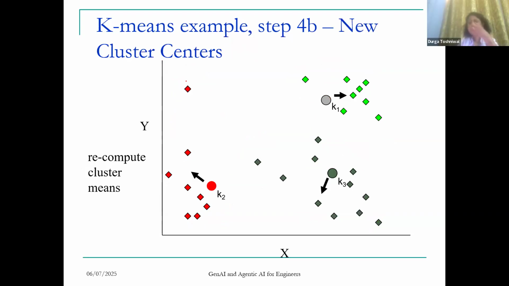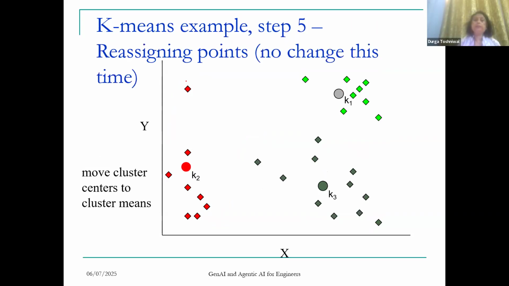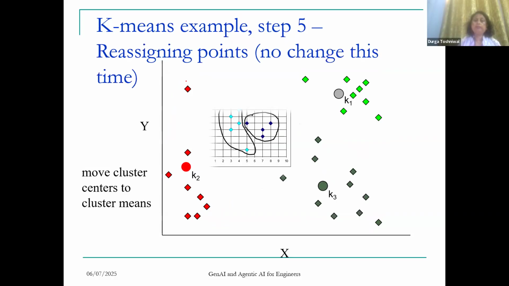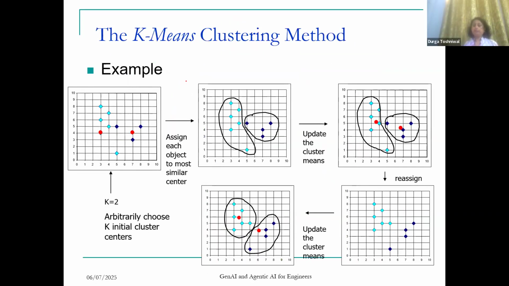You can see here again, as I mentioned, the means might shift further and the allocation of points might further change, and so on and so forth. So this is the entire process shown together. Initially, this is the data space given to us, and the points are shown in these two colors.